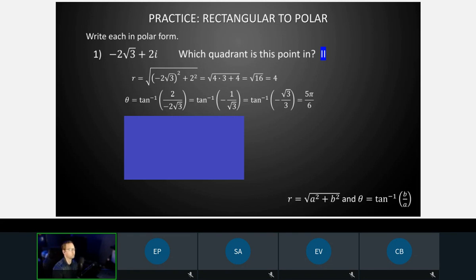We probably want to subtract it. To avoid going over 2 pi, we should just subtract 180 or subtract pi. So you take your 11 pi over 6, subtract pi, hit enter, and you will then get 5 pi over 6. And that means we'll be in quadrant number 2.